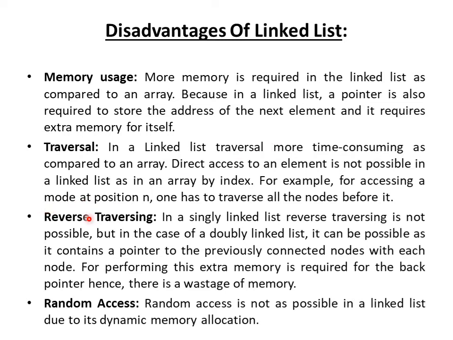Assume that reverse is a variable and traversing is another variable. Reverse contains the address value of the traversing, but traversing does not contain the address of the reverse. So the reverse traversing is not possible.